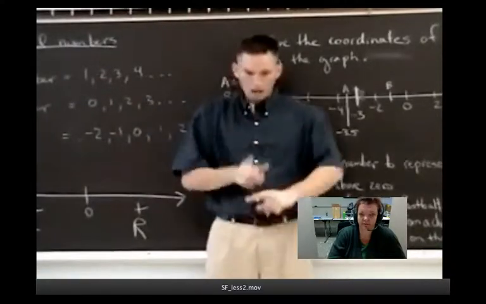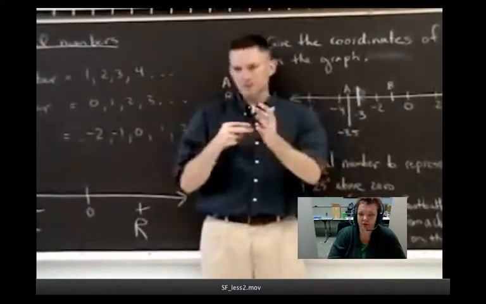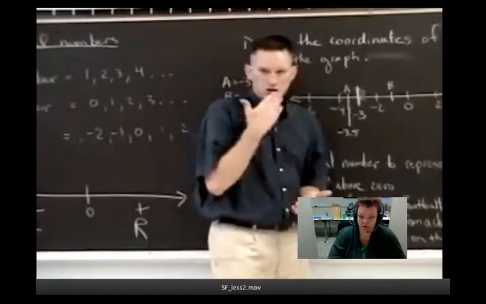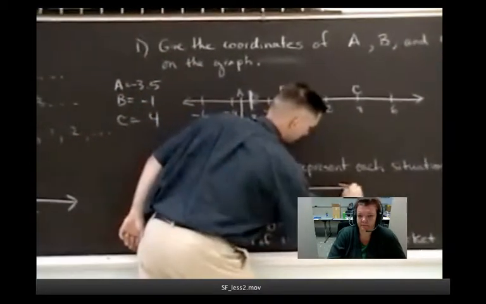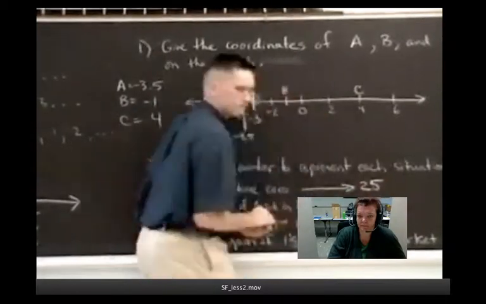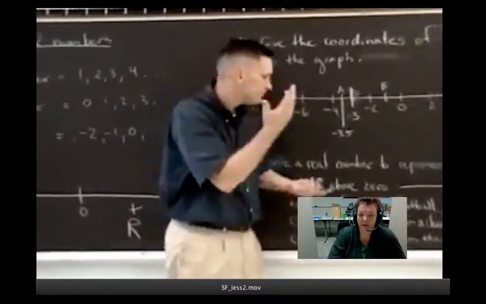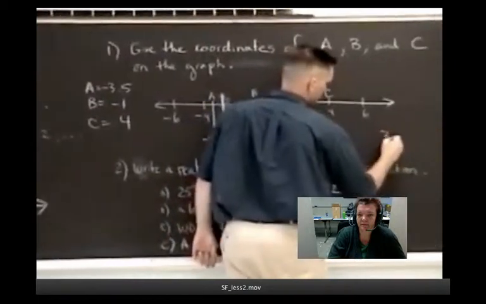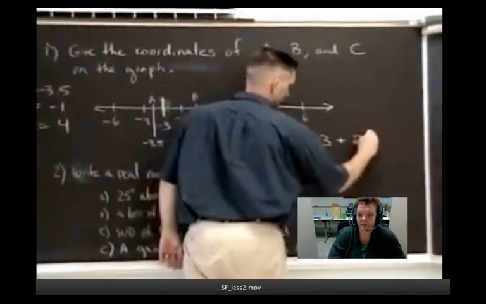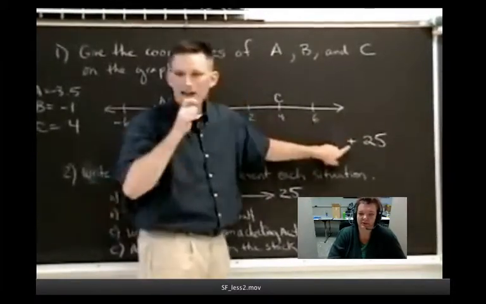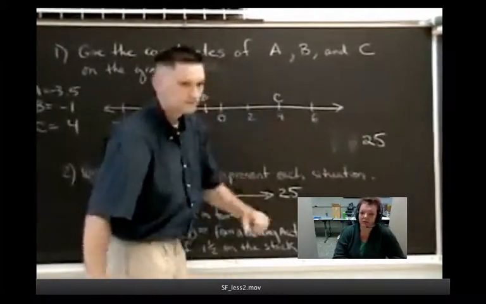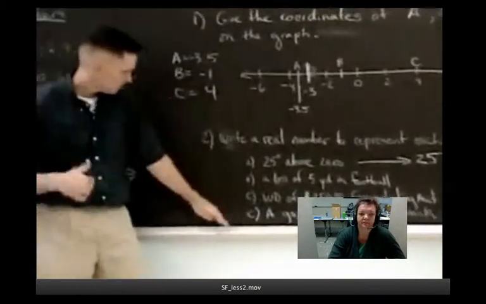Just 25. You don't need to write positive. You just write 25. Of course, if you're doing an equation, yes, obviously you're going to need to use that positive. But if you're just writing the number, you don't have to. You just write the number.